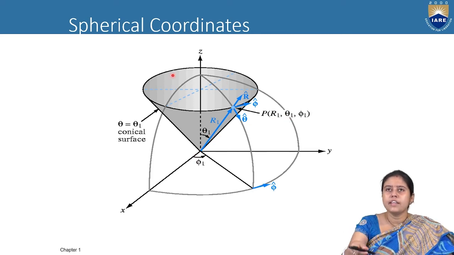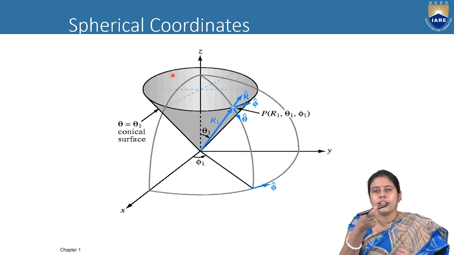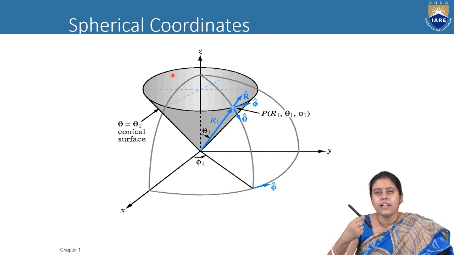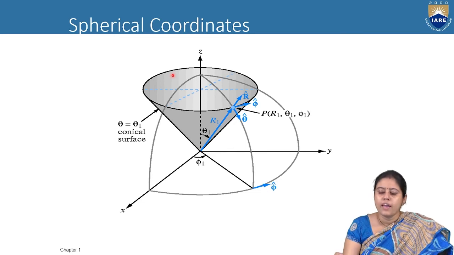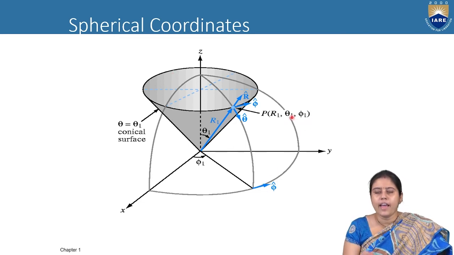If we make a circle, the angle at this point is known as phi. So phi is the angle.